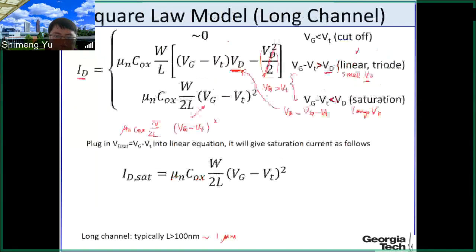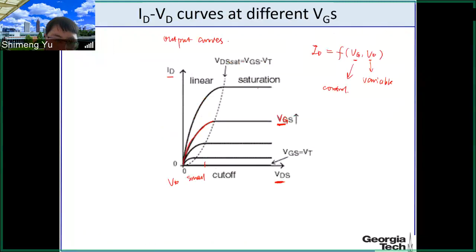Which equation? This linear region equation. And you see ID actually is a second order function of the VD. In other words, in the plot, you will expect a parabolic function. So here is a parabolic function. This is exactly described by that equation.